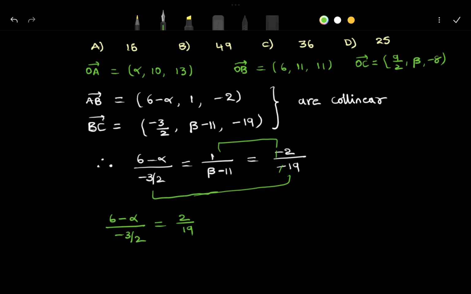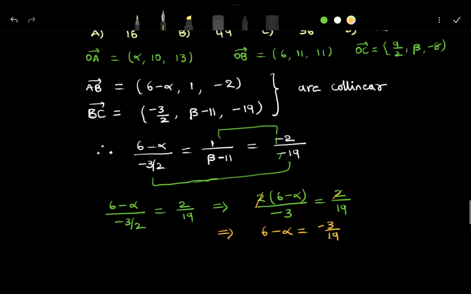This gives 2 into (6 minus alpha) by minus 3 equals 2 by 19. The 2 and 2 cancel. Now cross multiply: 6 minus alpha is equal to minus 3 by 19.